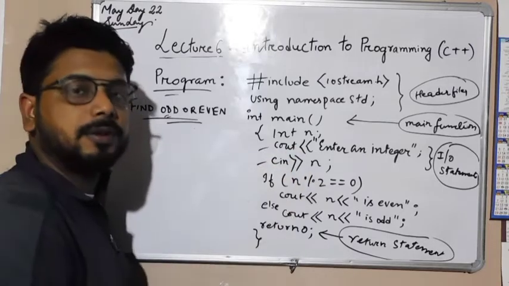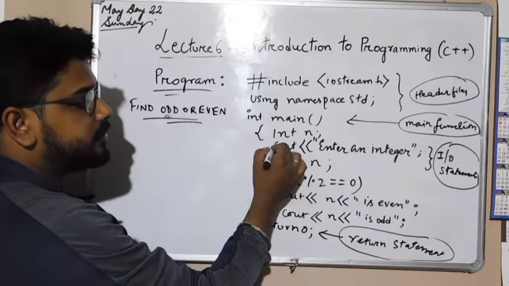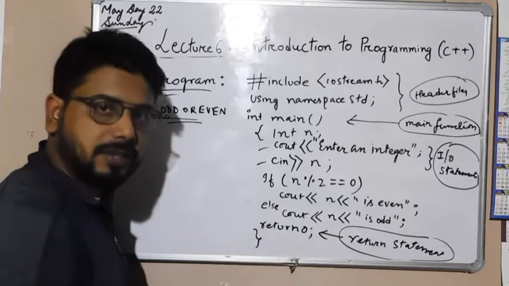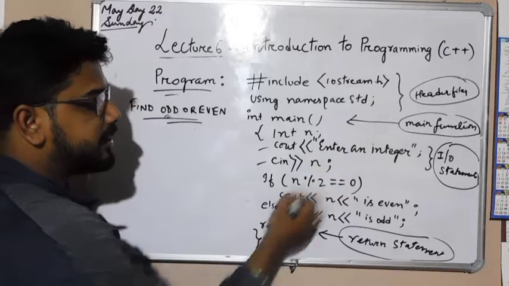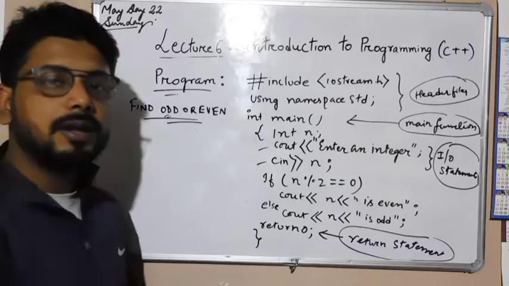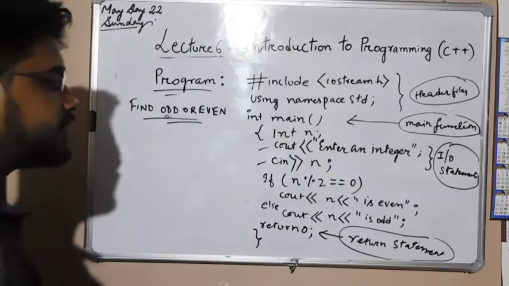As I have told in my previous video, the cout statement is used to display values or anything to the user, and the cin statement is used to take input from the user's end.